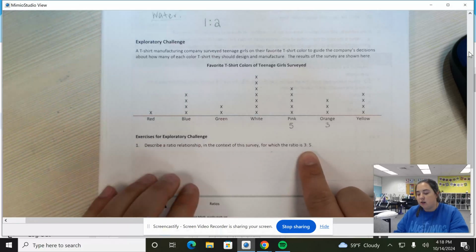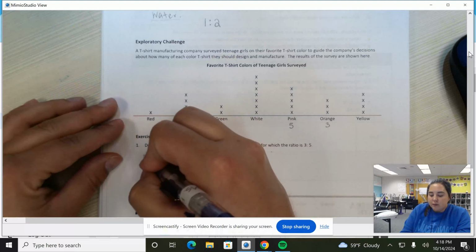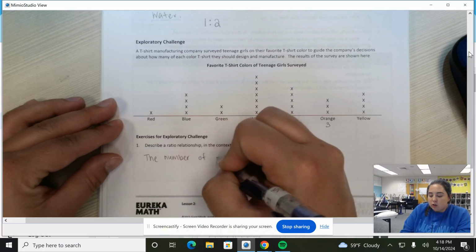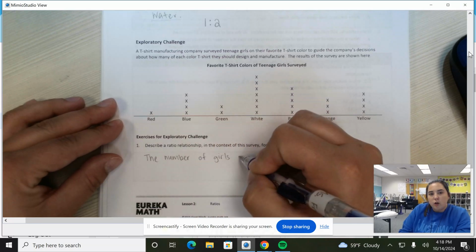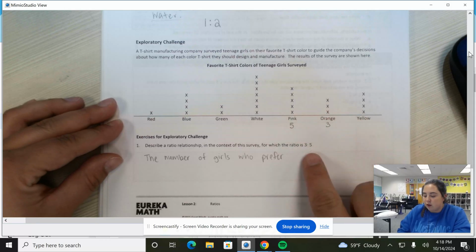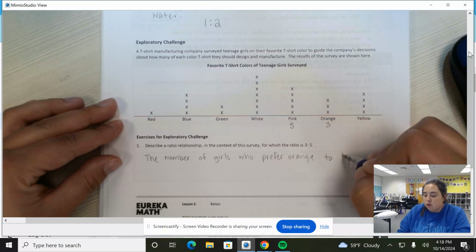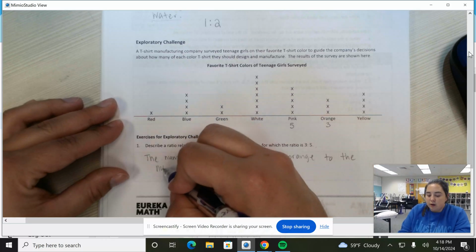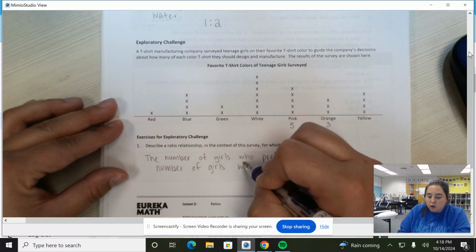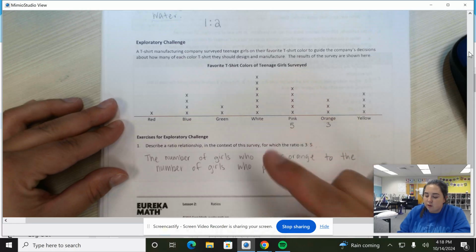So in this one, I might say something like the number of girls who prefer, okay, I'm looking at 3, orange, to the number of girls who prefer the 5, pink.